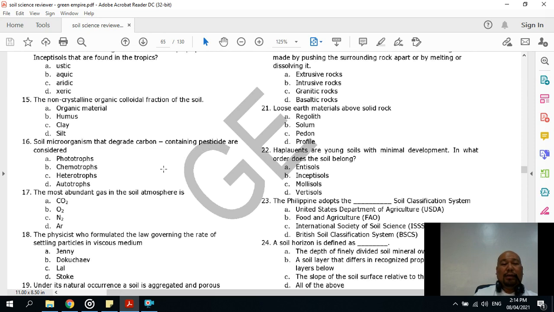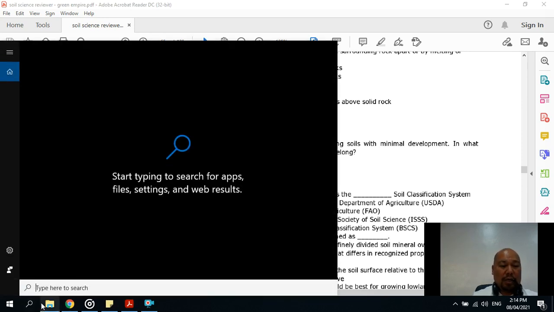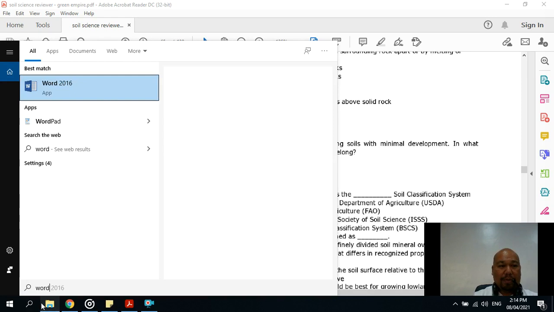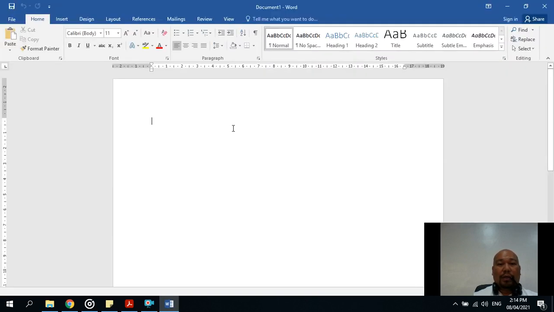Number 17. The most abundant gas in the soil atmosphere. If you still remember, soil has solid, liquid, and gaseous phases.